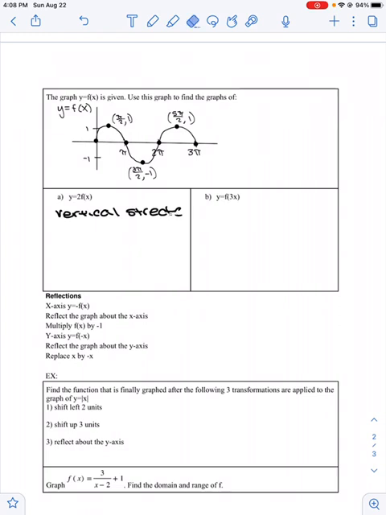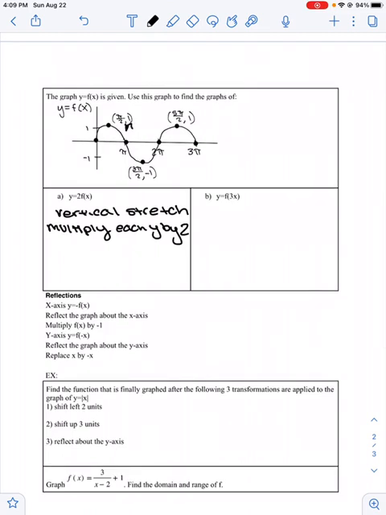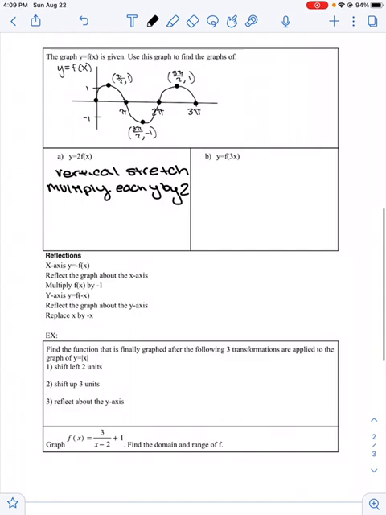Oh, I cannot spell again. S-T-R-E-T-C-H, vertical stretch, and multiply each y by 2.